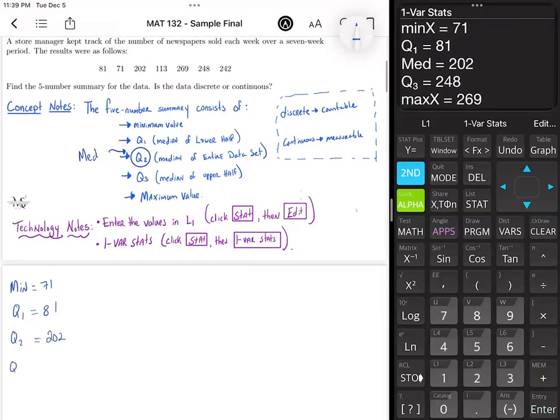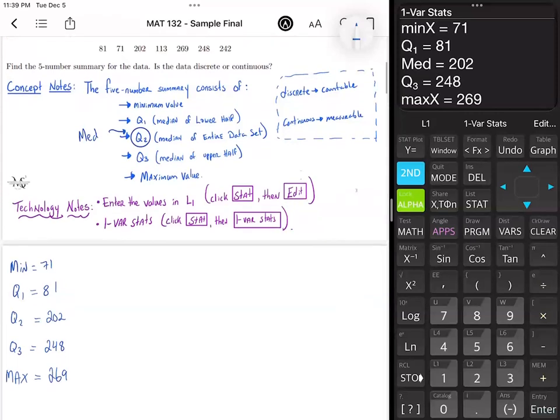Q3 would be 248, and the maximum will be 269. So that is your 5-number summary, and it's written in ascending order, right, where it's going from lowest to highest.